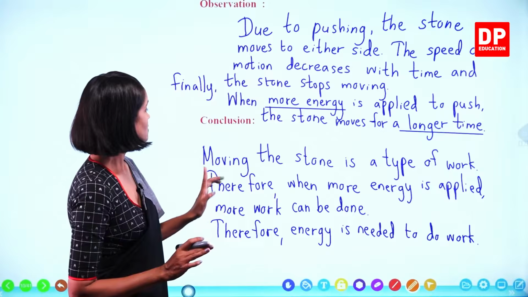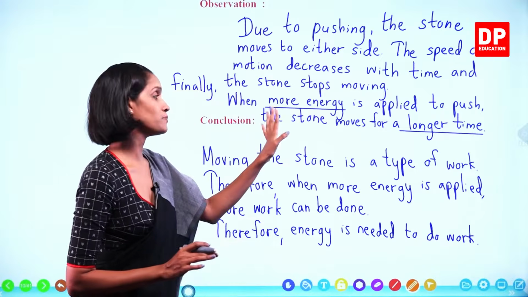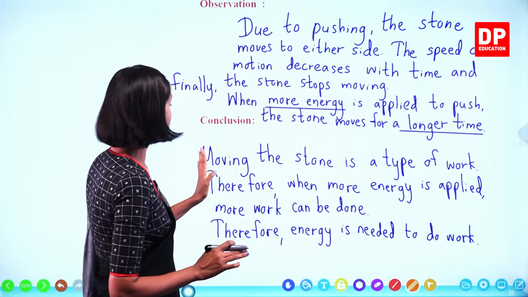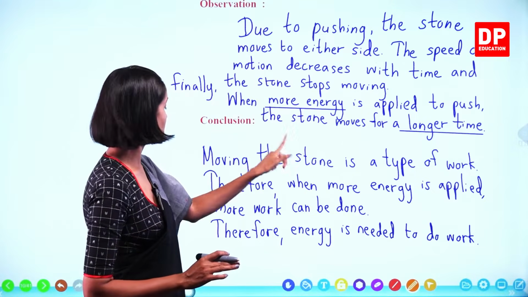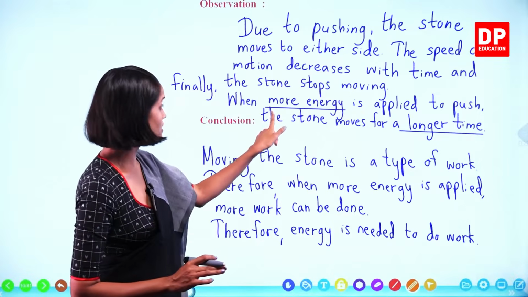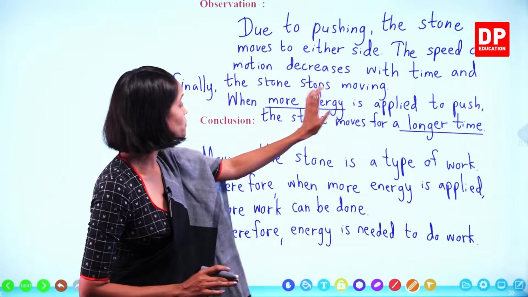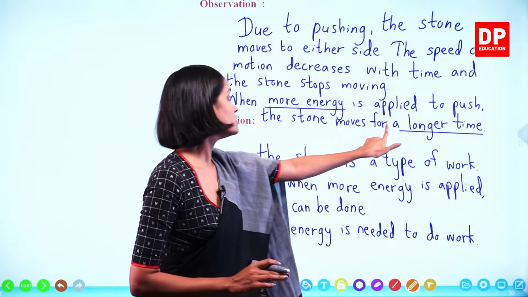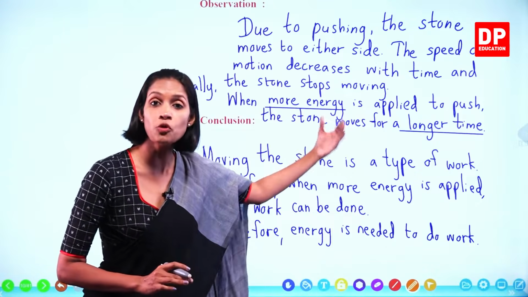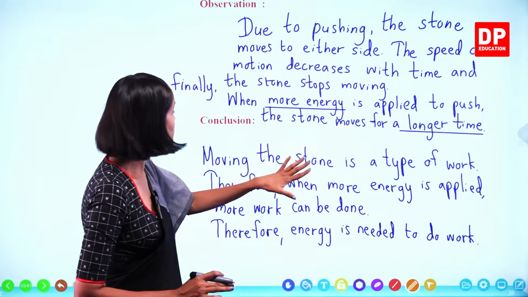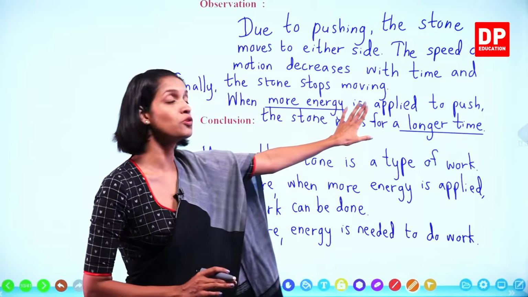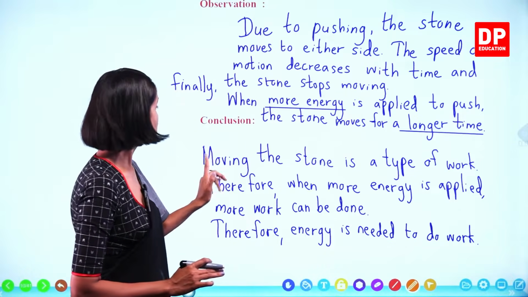Right, children? Moving the stone is a type of work. Right? Therefore, when more energy is applied, more work can be done. Here, when more energy is applied to push, the stone moves for a longer time, which means more work is done. If moving the stone is a type of work, here more work is done. Right?